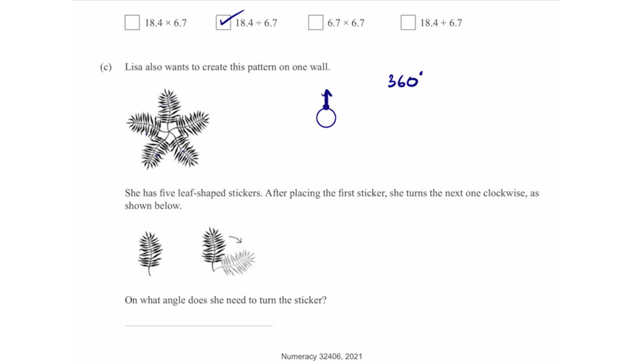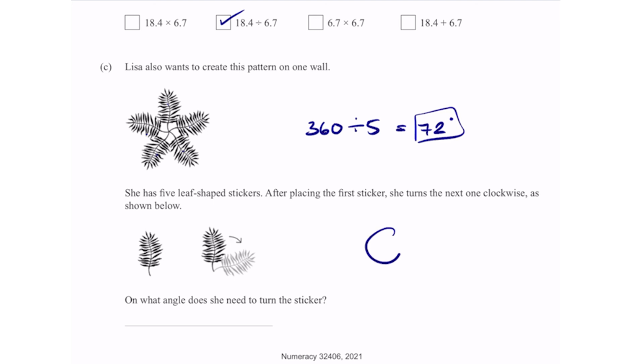So if we want to have 5 little arrows evenly spaced out, we're going to have to rotate them evenly around our circle. If we have 360 degrees and we want an equal share of 5 things around the circle, all I'm going to do is divide my circle evenly into 5 splits. So that's 360 divided by 5, which is 72 degrees.